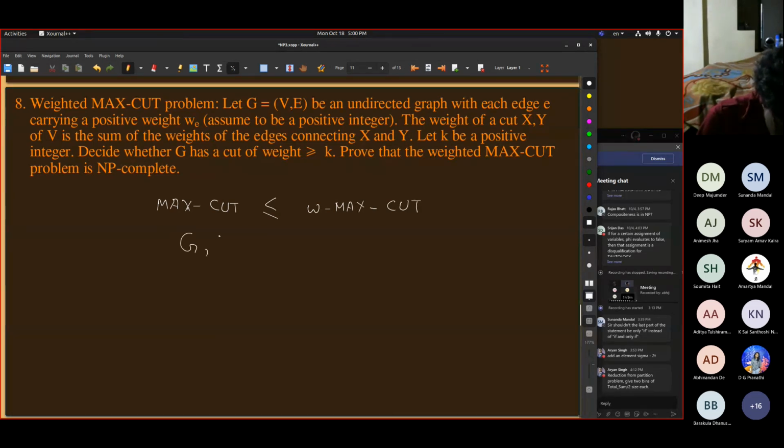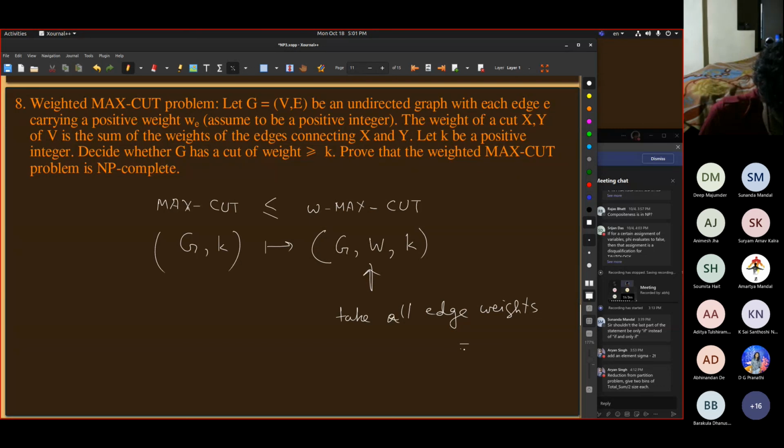So G, K maps to G. So weights I have to specify, and K. So take all edge weights equal to 1.